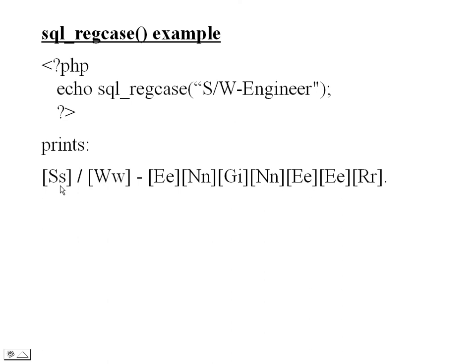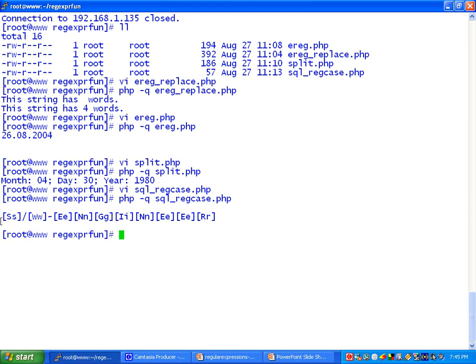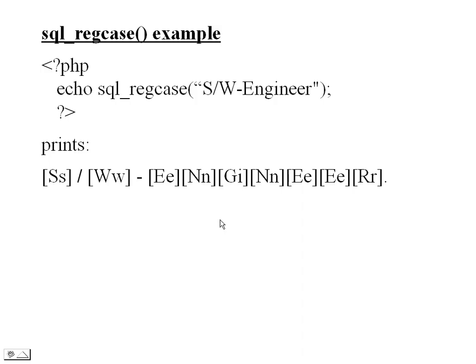So [Ss] is for the S character, and so on. Next, W can be either capital W or small w. The two character representation will be displayed, and for the remaining characters also the same, which is given at the prompt. That's all about regular expression functions.